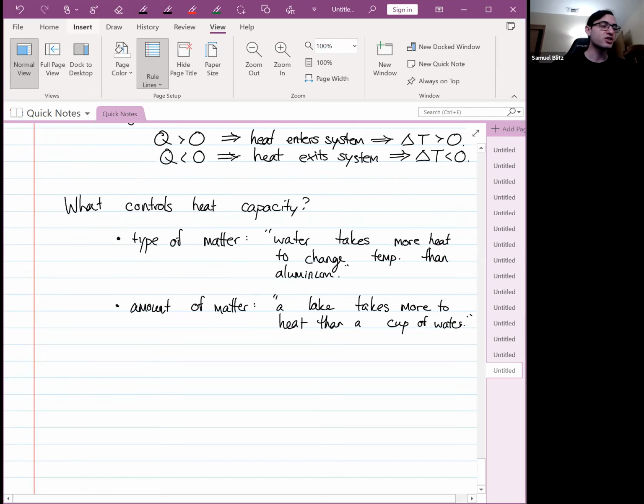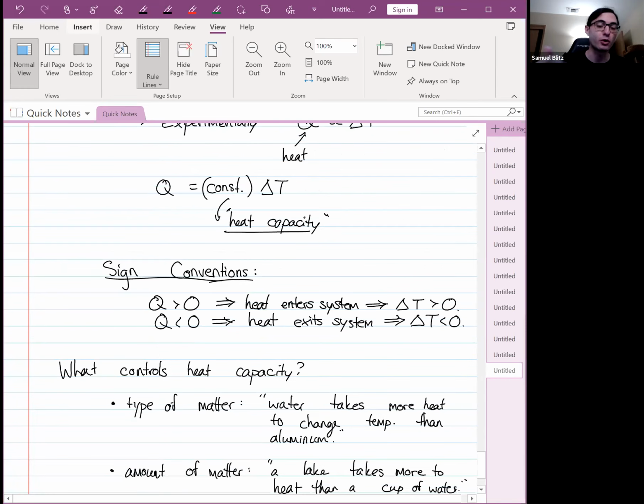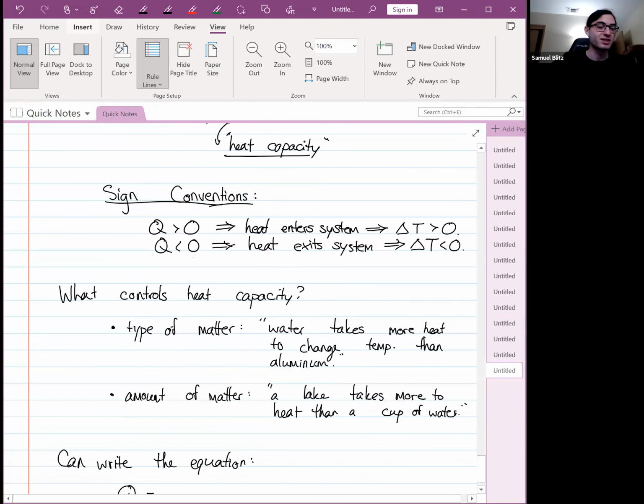And so we can actually just write the equation using those 2 properties. The heat capacity equation. There are 2 ways that we could write it. One would be Q equals, and remember, Q is proportional to delta T, so we just need to figure out what that constant is.